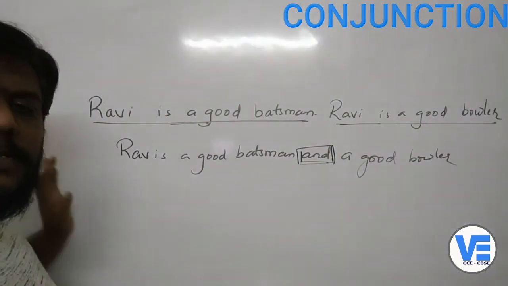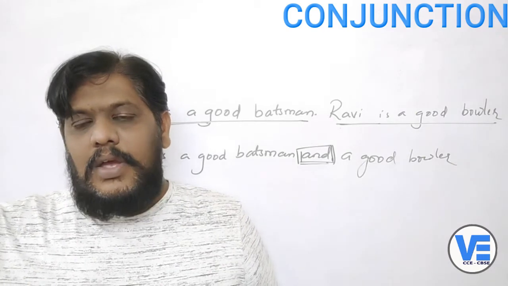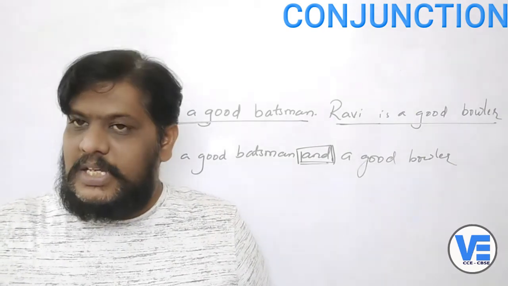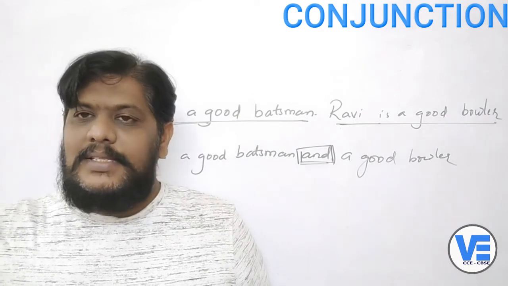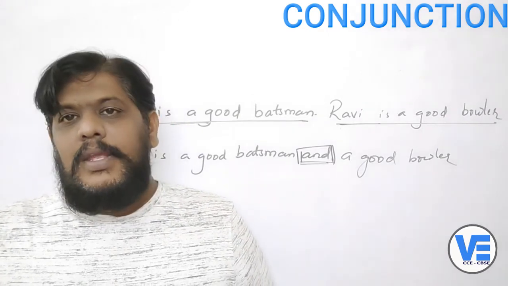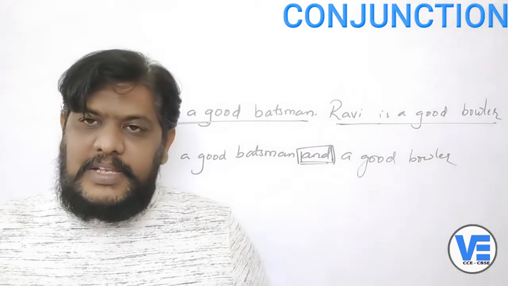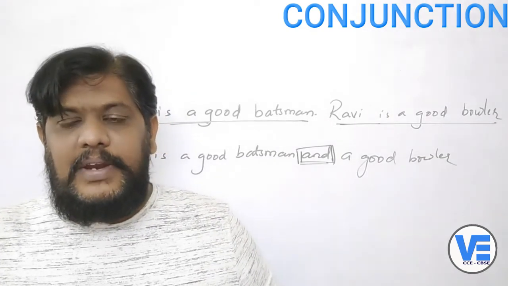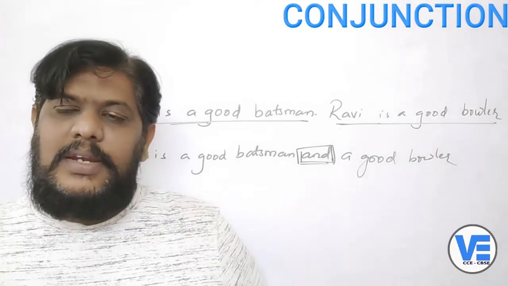Like this, there are several sentences which can be joined by using a conjunction. So conjunctions are the words which join sentences, phrases or clauses. Now we will see the different types of conjunctions, and we will talk about different examples of them.